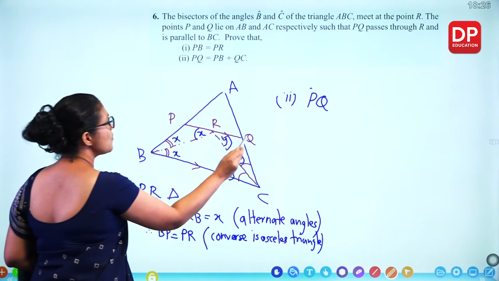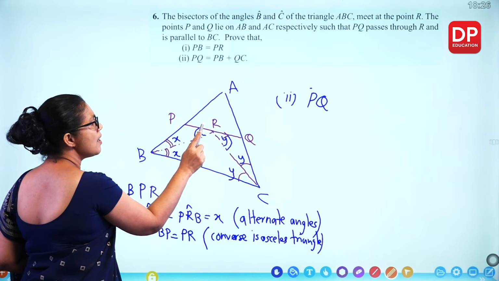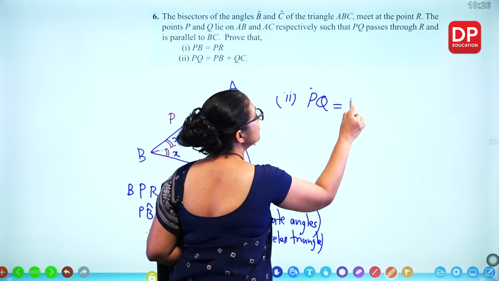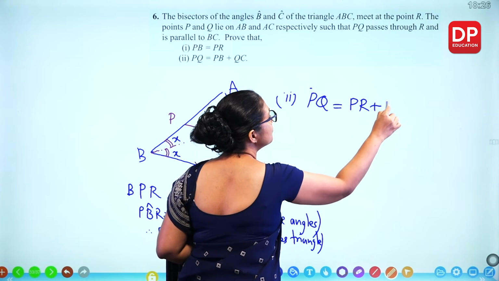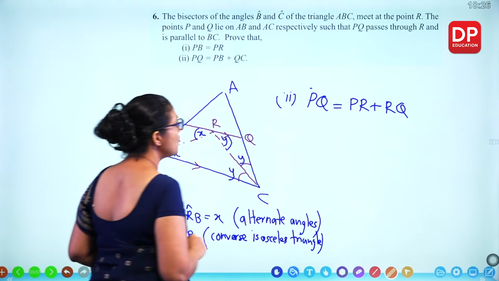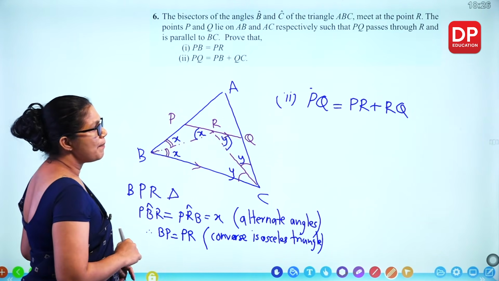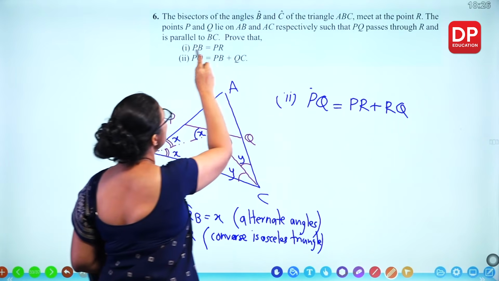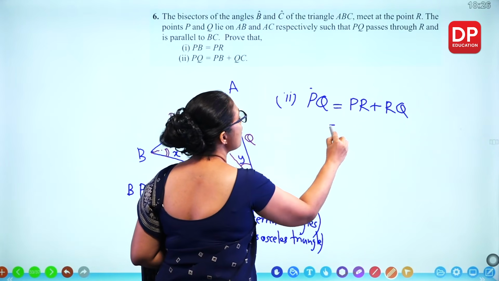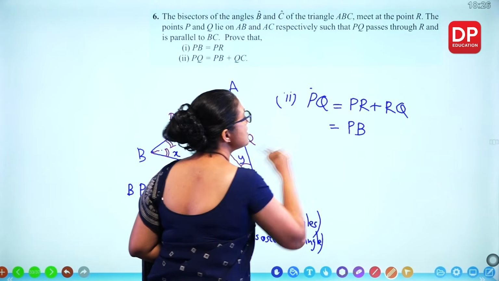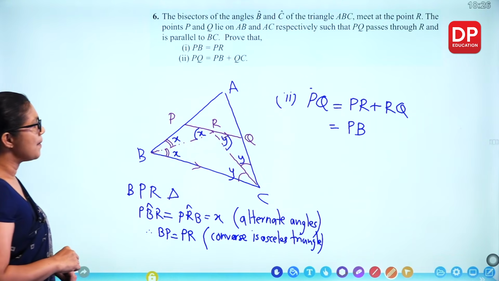PQ distance we can write PR plus RQ. But we know PR is same as PB because we proved in the first part. So instead of PR, I can write PB.